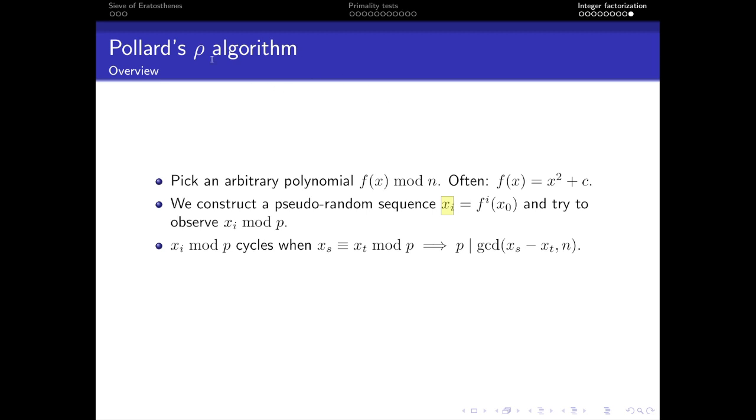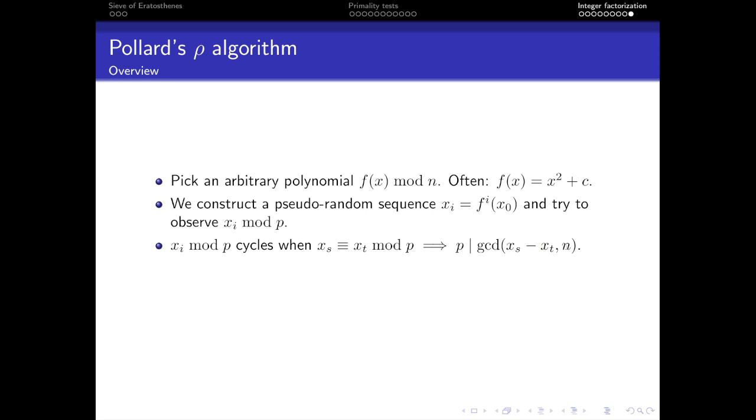It's called the rho algorithm because if you look at the shape of the cycle, you can represent it in such a way that it looks like the letter rho. And if both of these have the same value, x sub s and x sub t, in our original sequence, then the greatest common divisor is going to be n, because we have 0 and n here, meaning we are left with a GCD of n.